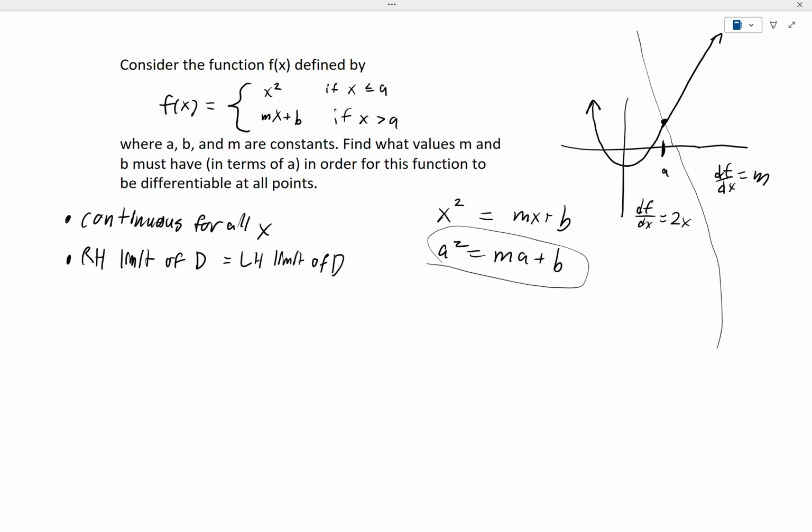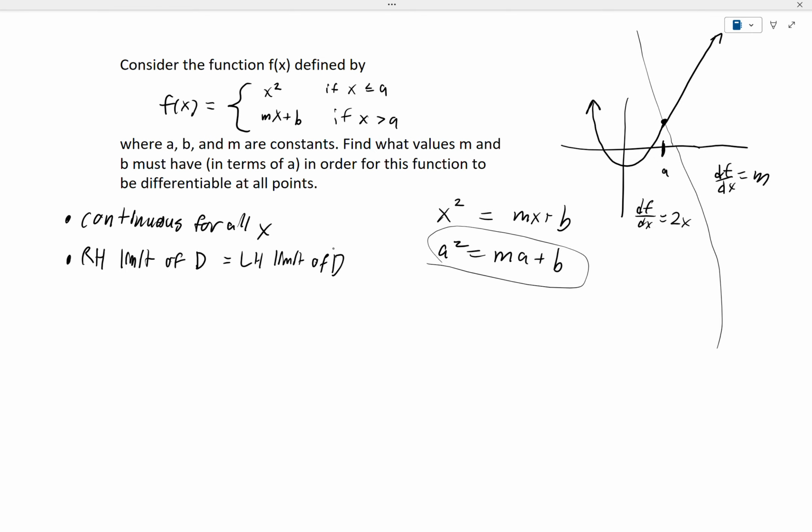So now we're saying that the limit as x approaches a from the left has to be equal to the limit as x approaches a from the right for the derivative. So the derivative itself is a piecewise function. And just like how we said that the point on the left side has to be equal to the point on the right side right here, the same is true of the derivative.